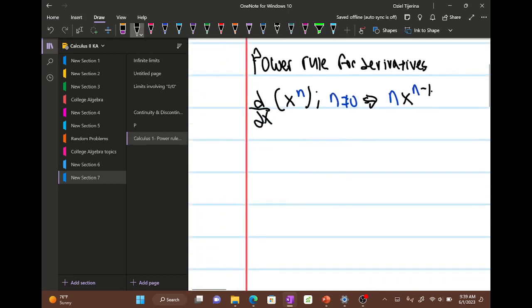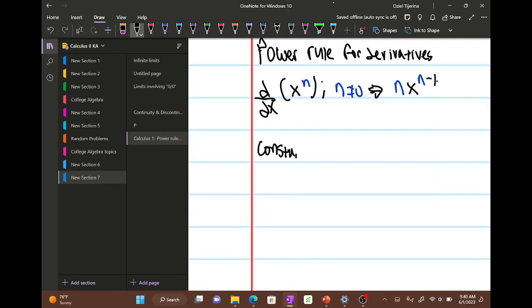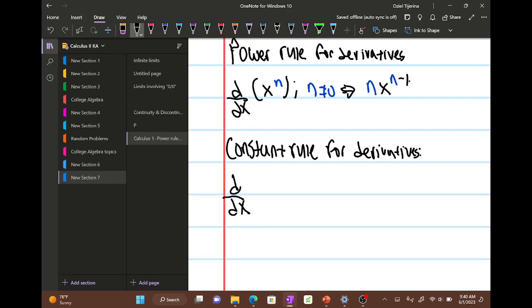And there's another one, the constant rule for derivatives. It says d dx of some constant c is equal to 0.